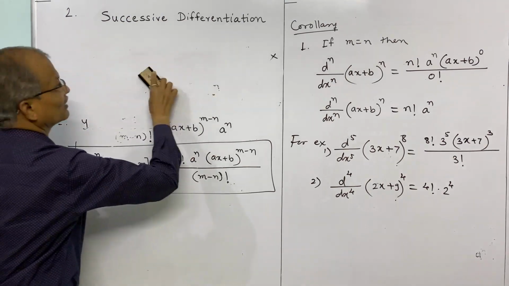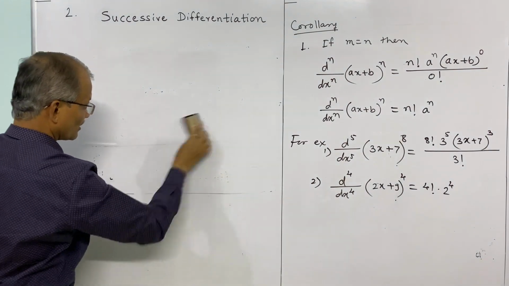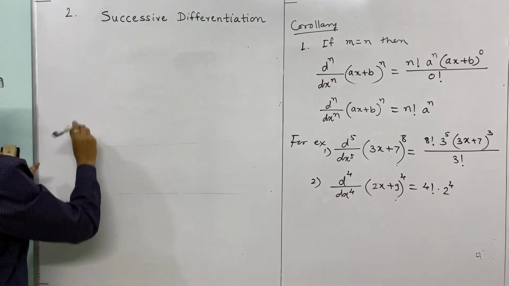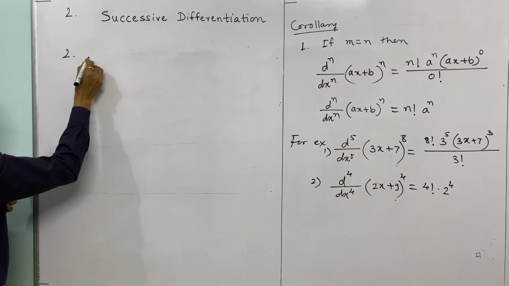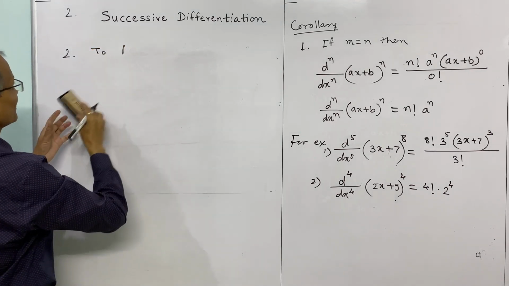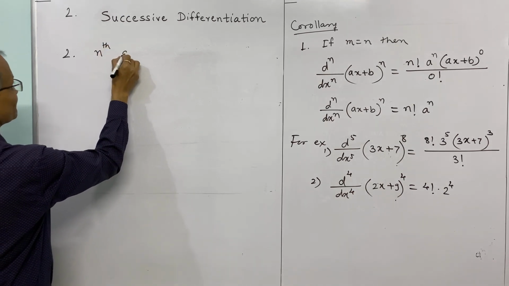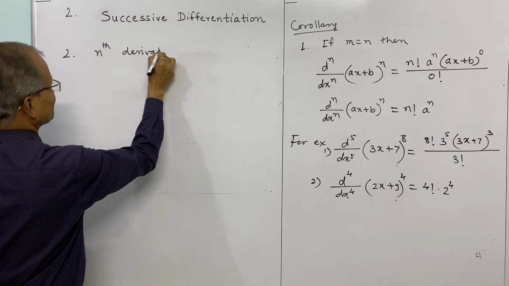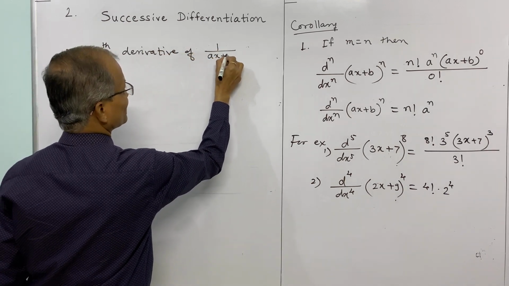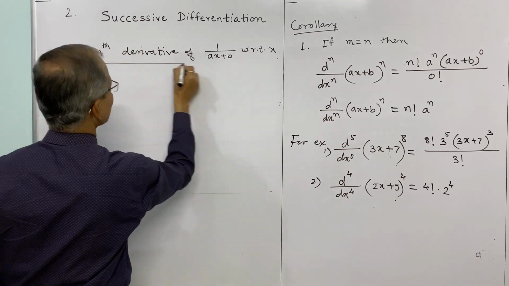Now we obtain the derivative of the reciprocal function. Second, we may consider finding the nth derivative of 1 upon ax plus b with respect to x.